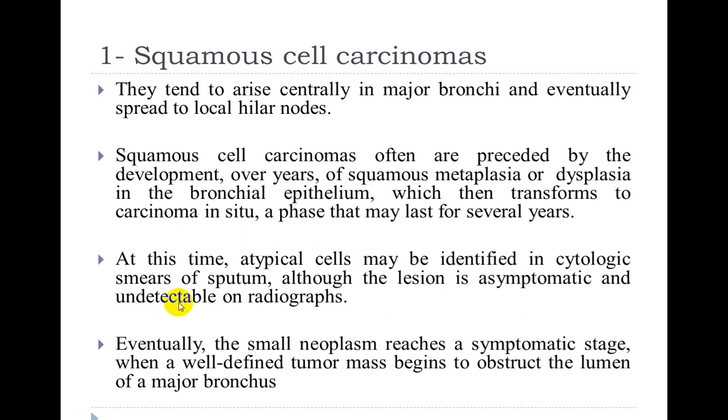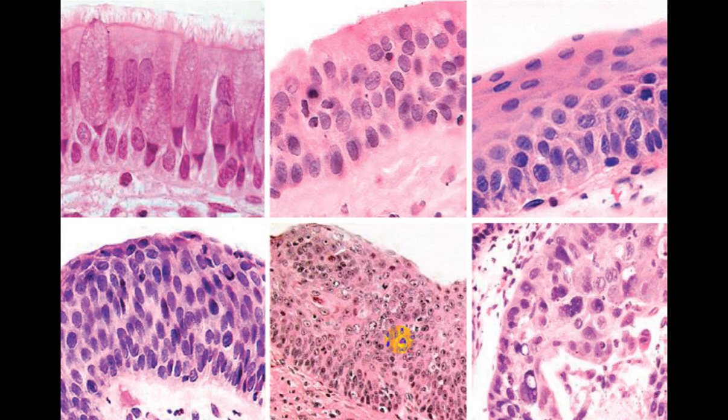Although the lesion is asymptomatic and undetectable by radiograph، حتى وإن كانت الراديوغرافيك assays طبيعية، ولا مسويت له clinical problems. واضح؟ Eventually the small neoplasms reach the symptomatic stage من يصير عندنا growing up of tumor ويبدي يسوي bronchial obstruction وتطلع قلنا على شكل مثلا atelectasis of the lung، يطلع على شكل difficulty in respiration إذا كانت المين برونكاي هي اللي متأثرة بالكلوجر. جيد.